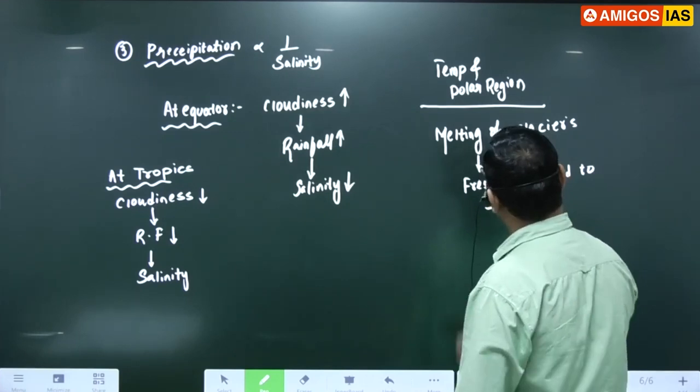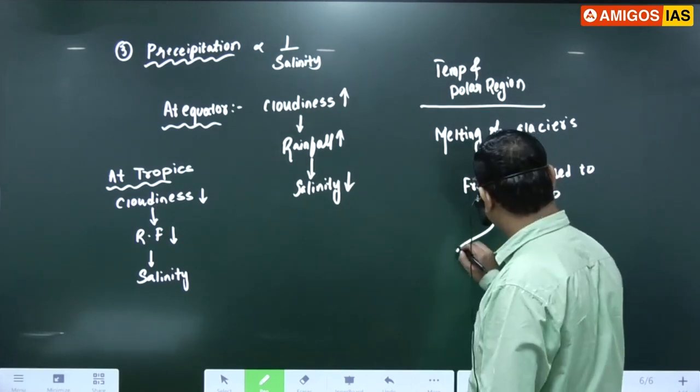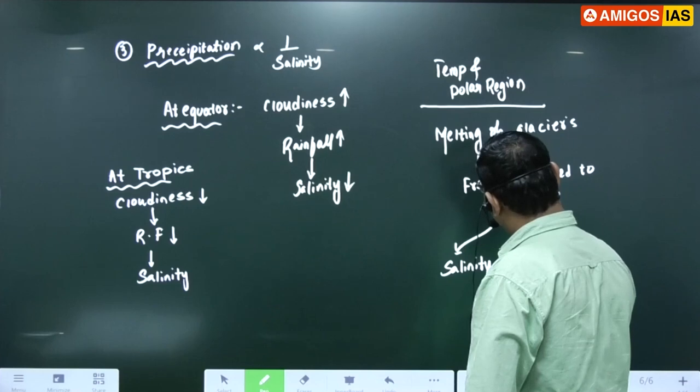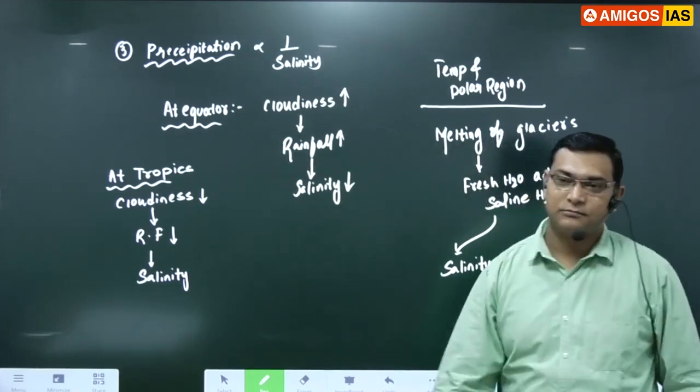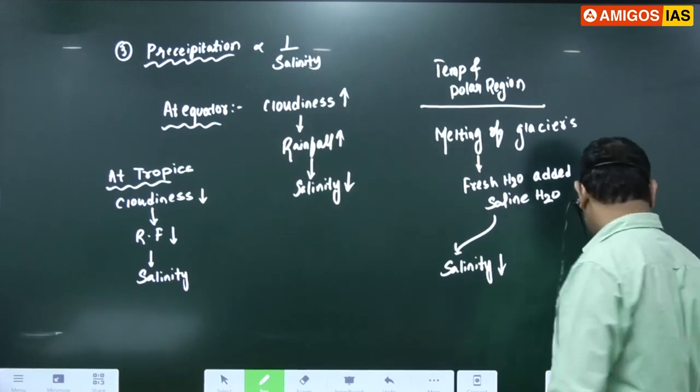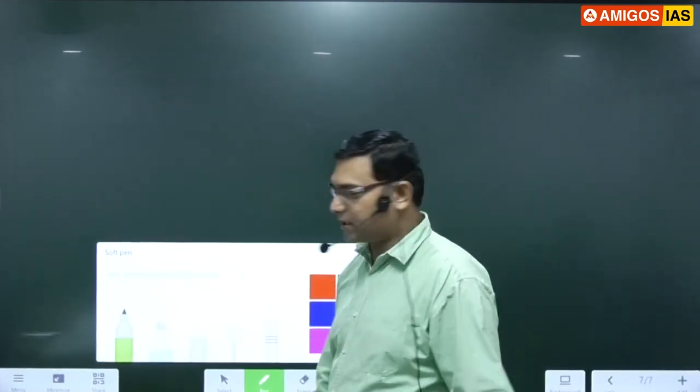Fresh water is added to saline water. Salinity will reduce. So can I say the more precipitation, more salinity? Wait. Sorry, less salinity. Okay.